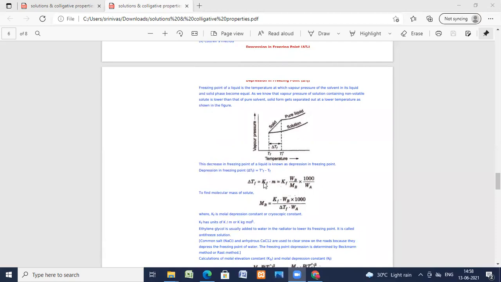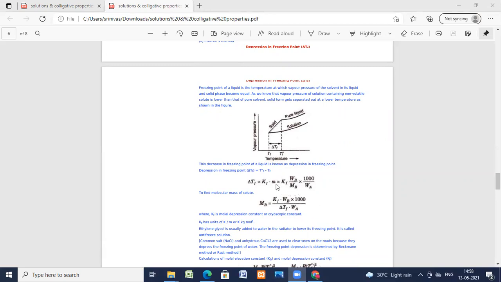Delta Tf is equal to Kf into m, where m is the molality. Molality is equal to Wb by Mb into 1000 by Wa. So delta Tf is equal to Kf into Wb by Mb into 1000 by Wa.